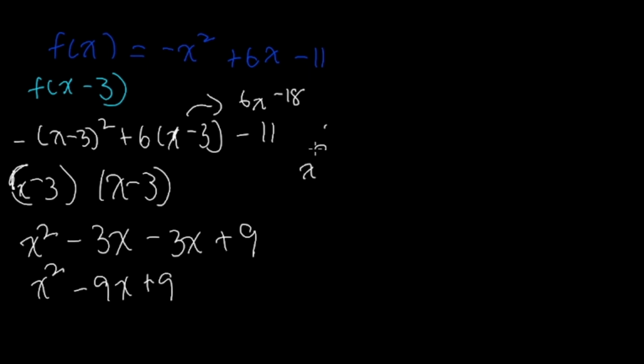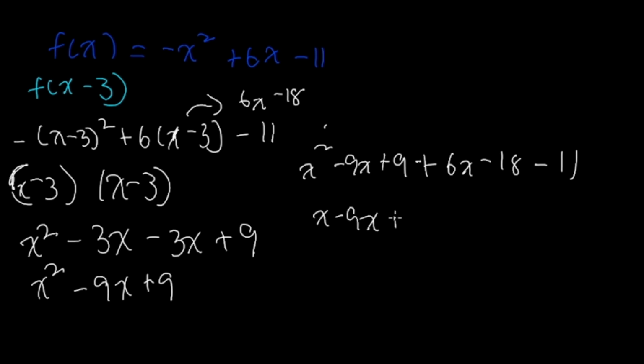So we get x squared minus 9x plus 9 plus 6x minus 18 minus 11. So we gather the like terms: x squared minus 9x plus 6x plus 9 minus 18 minus 11.